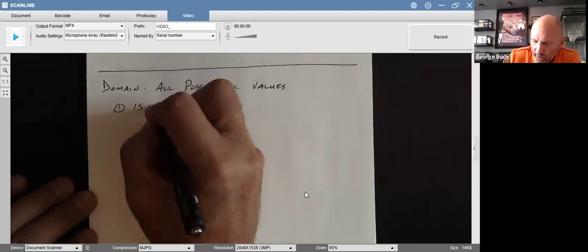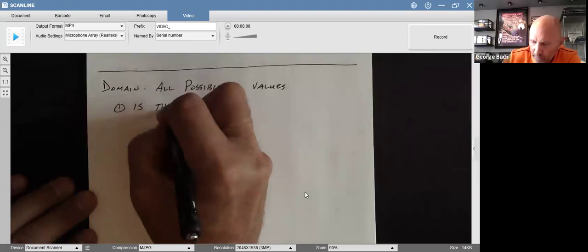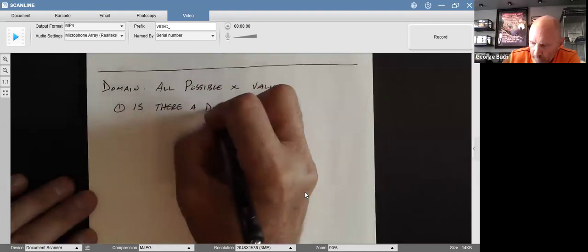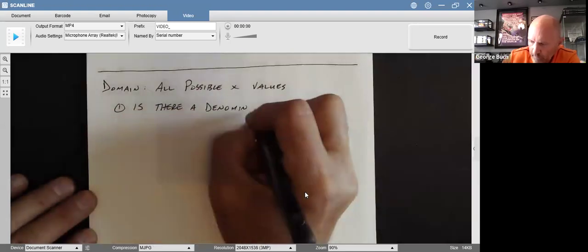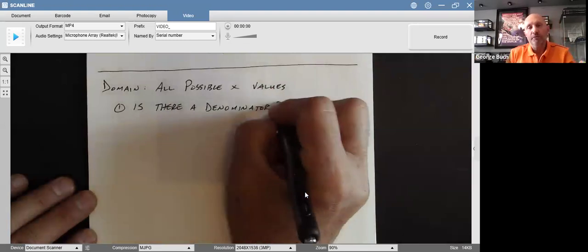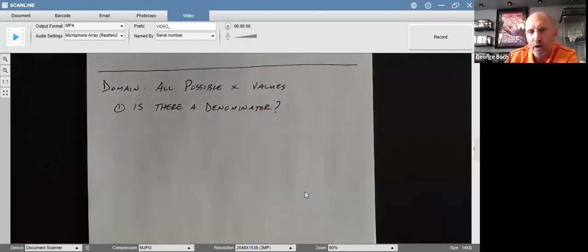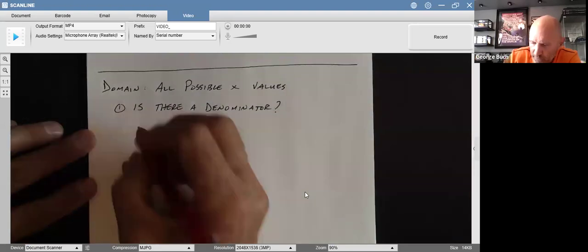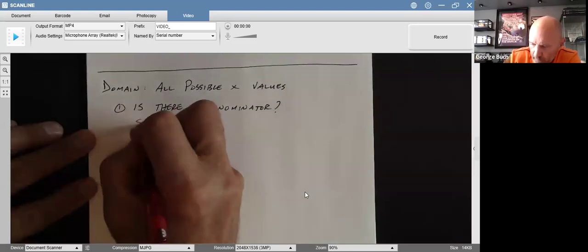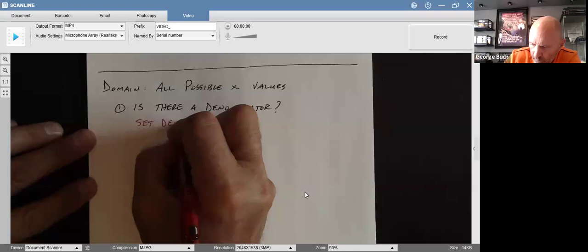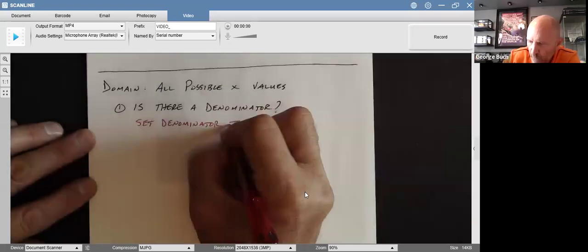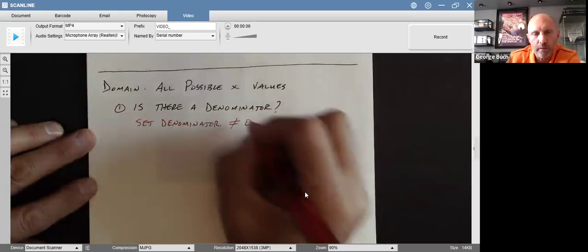So we want to first ask ourselves, is there a denominator? And if there is, to figure out what our domain is, then we set the denominator so that it cannot be equal to 0.